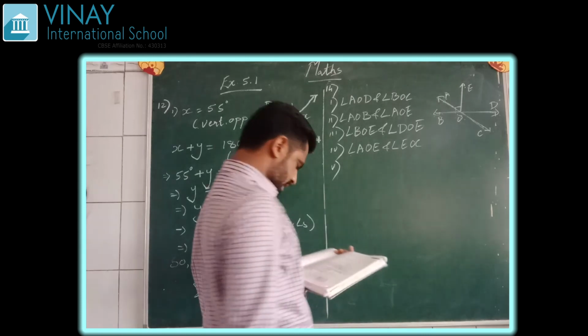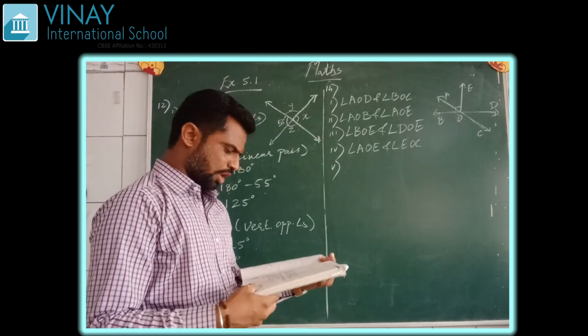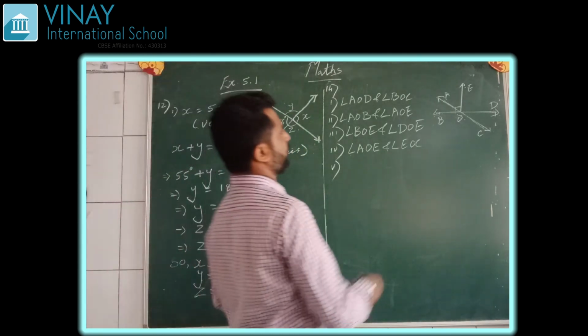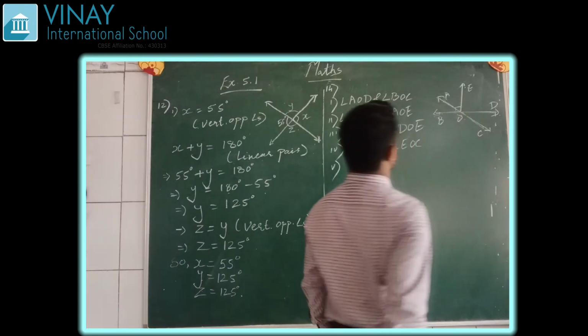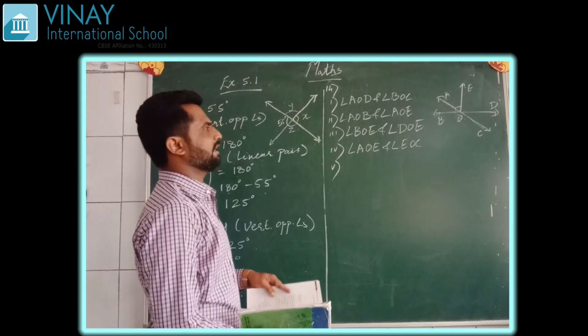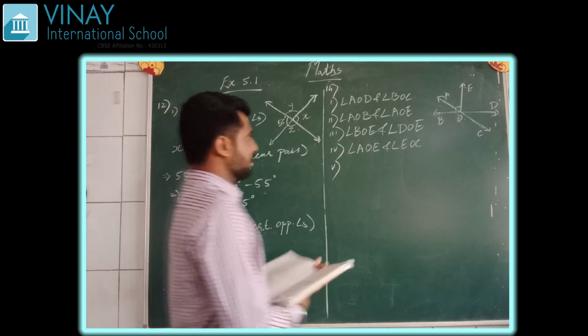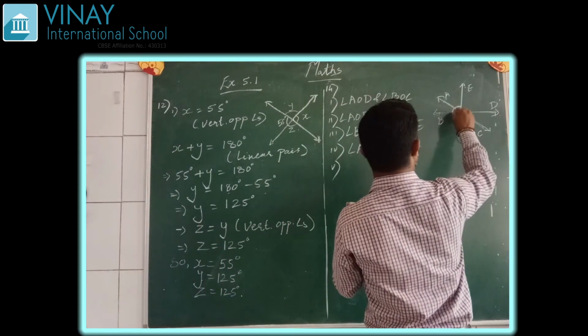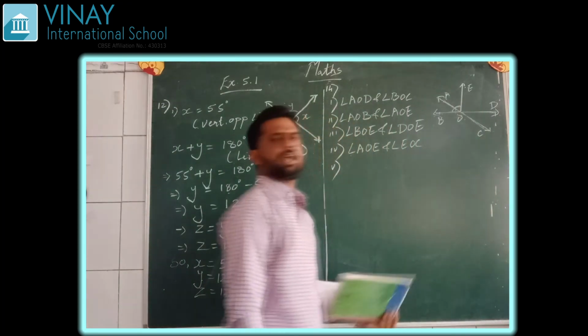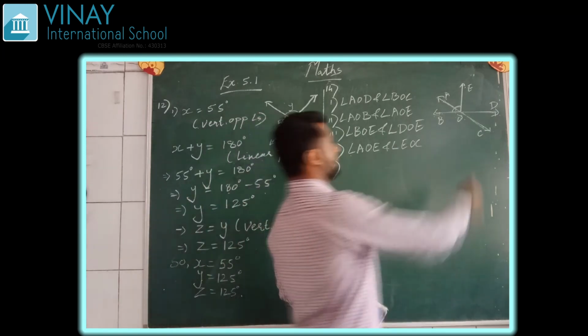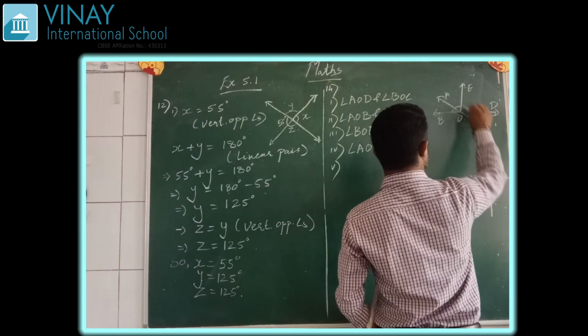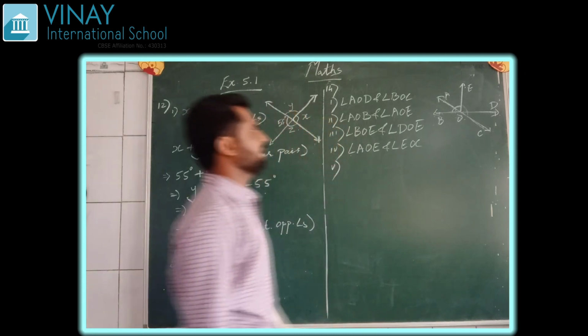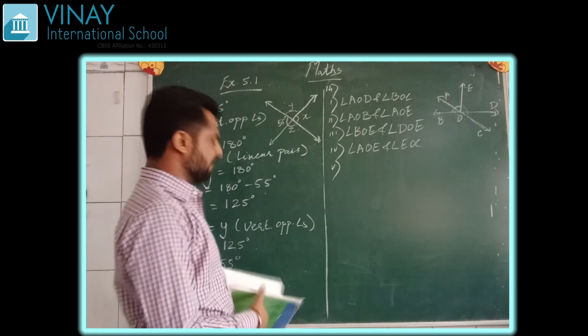And the fifth one is adjacent angle that do not form linear pair. We have to find out the adjacent angle also, and we have to find out that they do not form linear pair. If you see these two angles, they are adjacent also, but they are not forming linear pair. In the same way, if you see these two angles, they are adjacent also, but they are not forming linear pair.